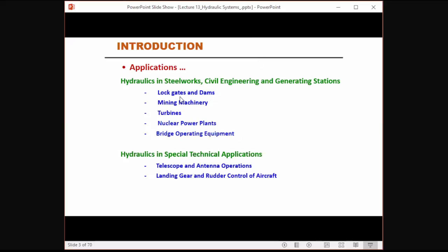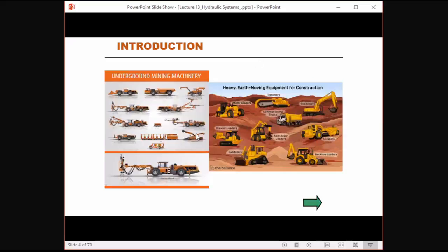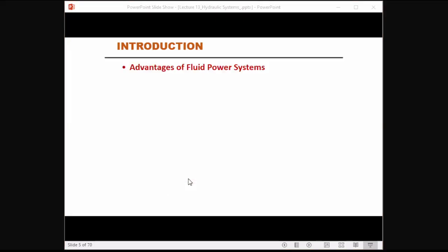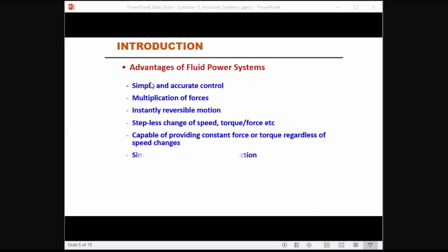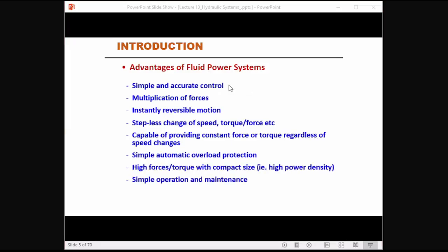Systems and some applications. Okay, then industrial applications, then after that we discuss what the advantages of fluid power systems are.